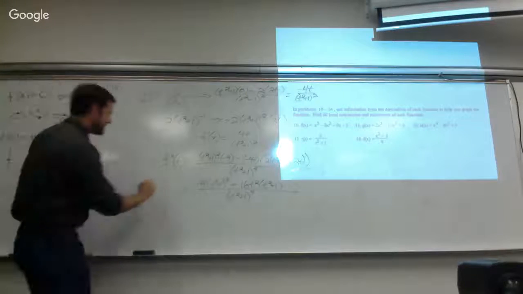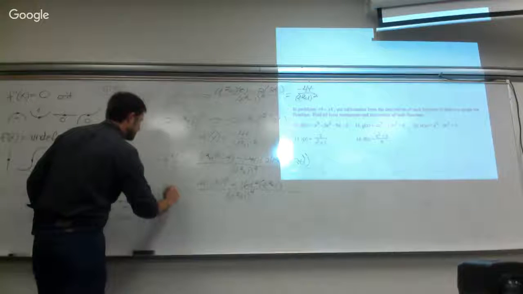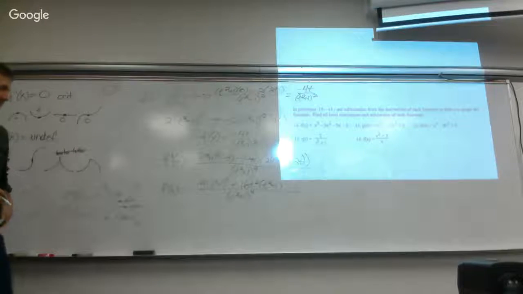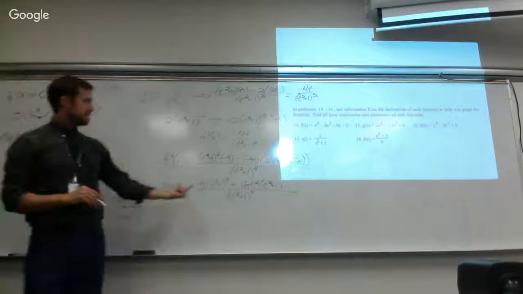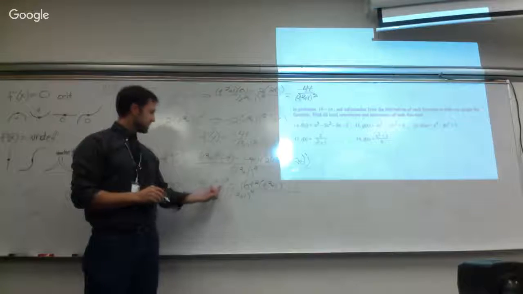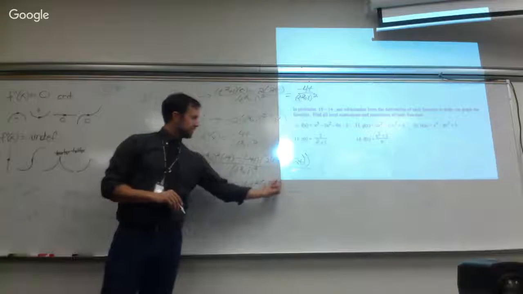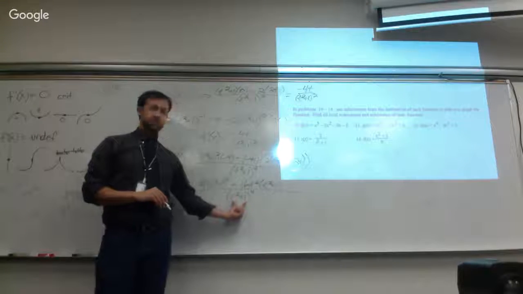Now this is really exciting right here, folks. What can we cancel from the top and bottom now? Yeah, you can cancel one t squared plus 1. You've got t squared plus 1 squared here, a t squared plus 1 to the first here, and t squared plus 1 to the 4th here.